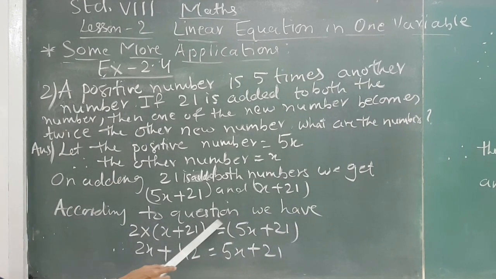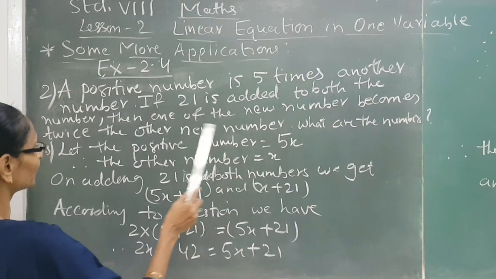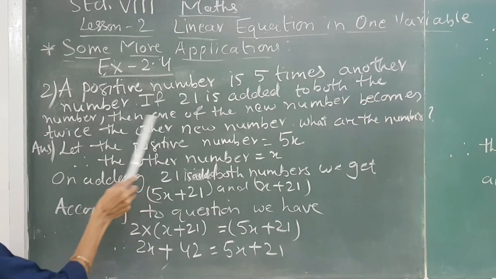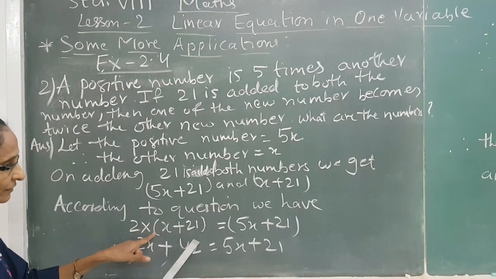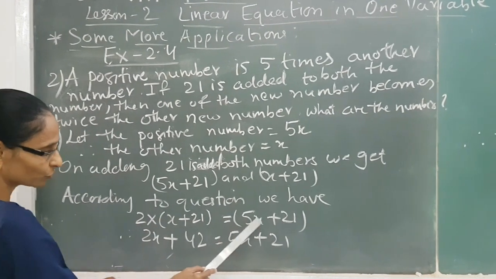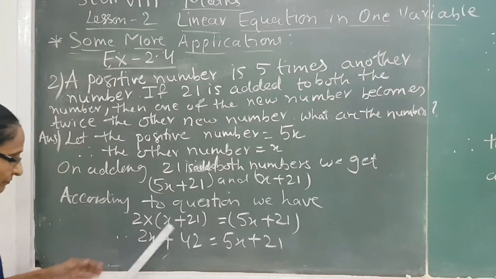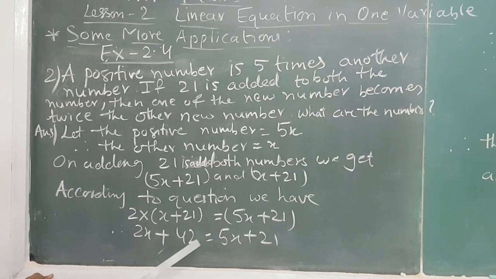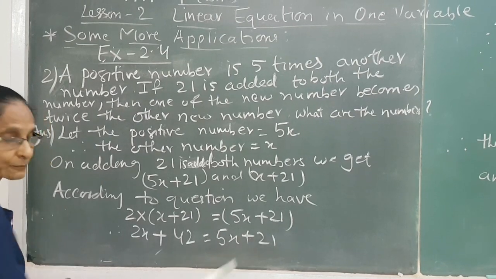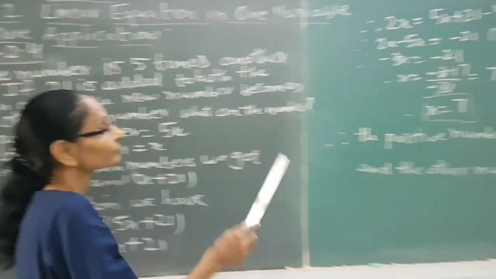Now according to the question, it is given twice the other new number. Therefore 2 into x plus 21 is equal to 5x plus 21. Now open the brackets. 2x plus 42, 2 into 21, is equal to 5x plus 21.